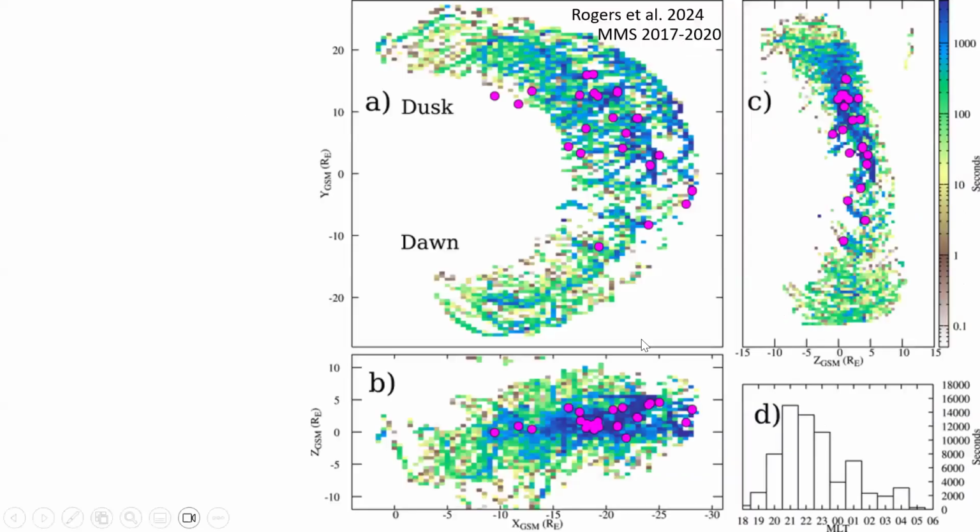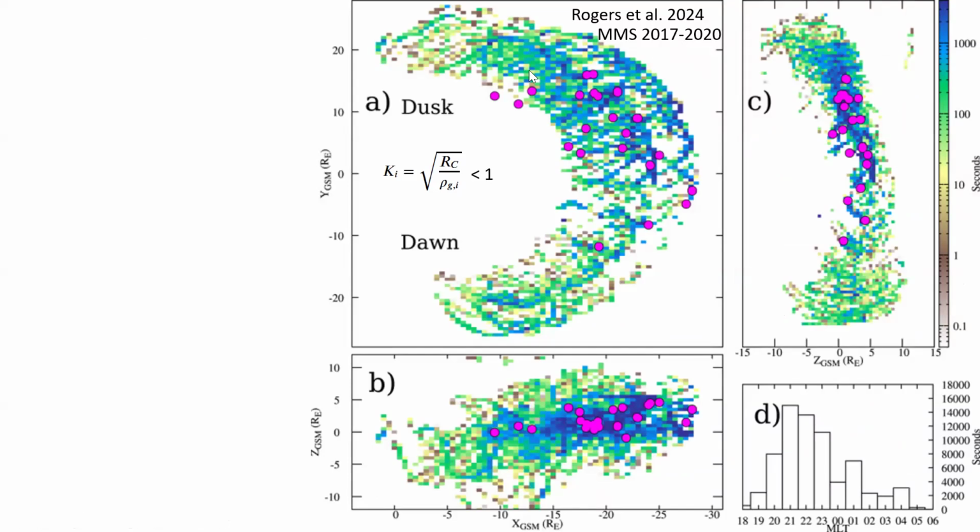Now, this was a recent work by Rogers et al. 2024 showing the time spent in thin current sheets by MMS during these years. They defined that by this kappa parameter, which is the square root of the ratio of the magnetic field curvature to the ion Larmor radius. When this is less than 1, the ions are demagnetized and you're in a thin current sheet.